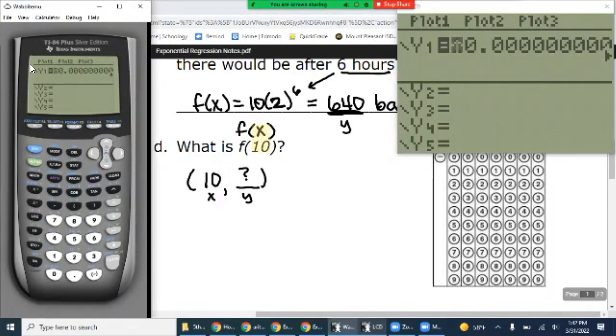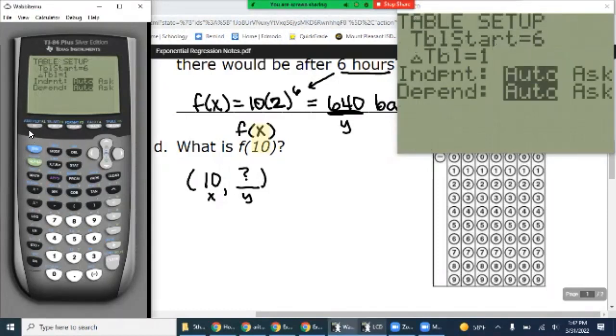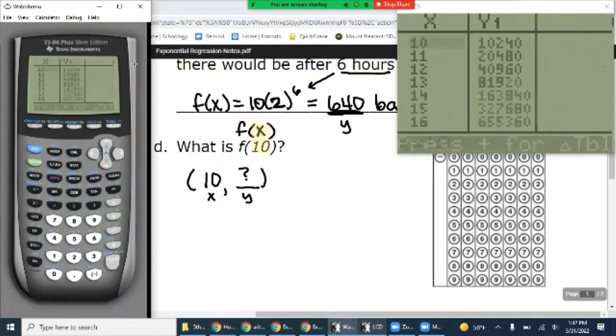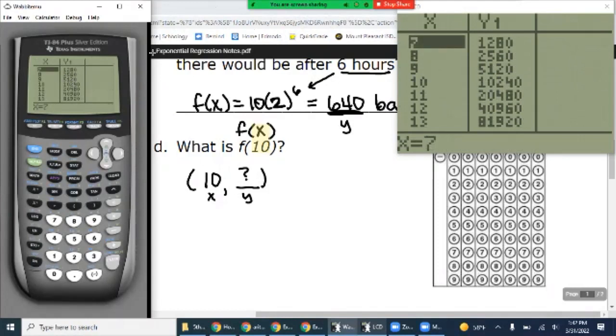Second window. If I go to second window, I can type in my number 10 and then press second graph, and it'll take me directly to the answer. We could have also done that with the number 6, because my x value is 6.